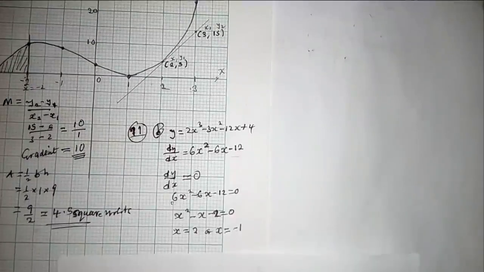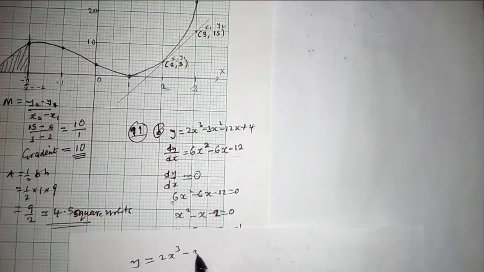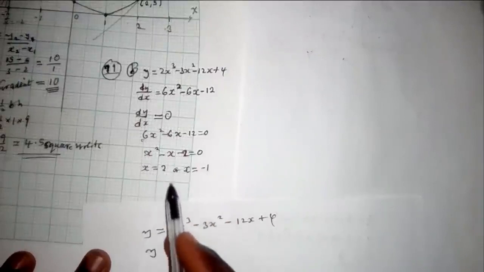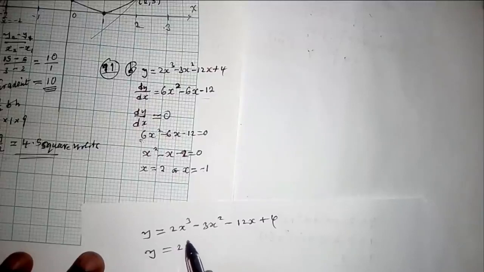To find the y coordinates, we can say y is equal to, we copy this equation, you get any value. Let's say we'll get 2. We'll start with 2. We want to find the y coordinate. So we'll say 2, where there is x, we start putting 2.